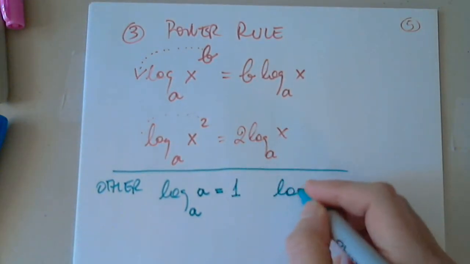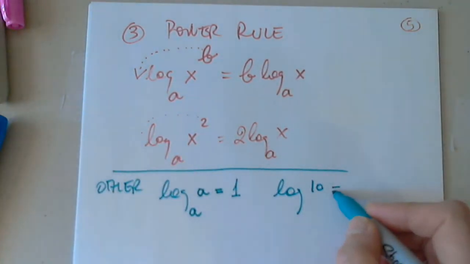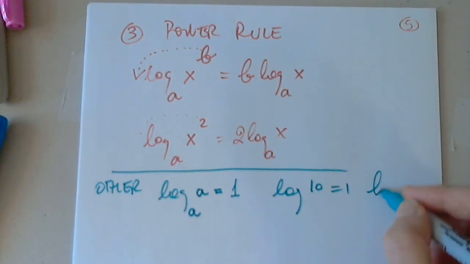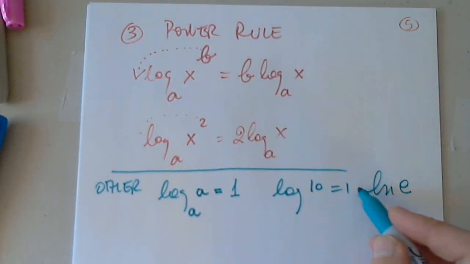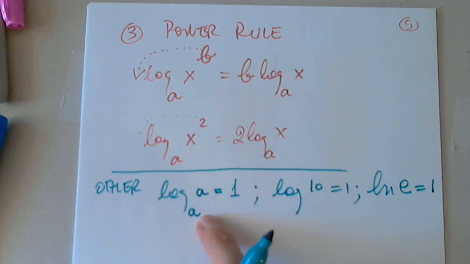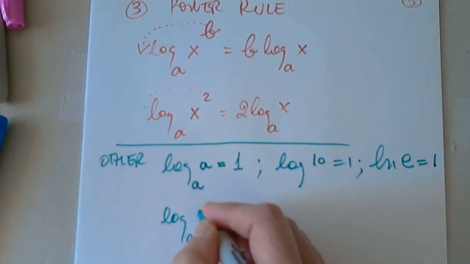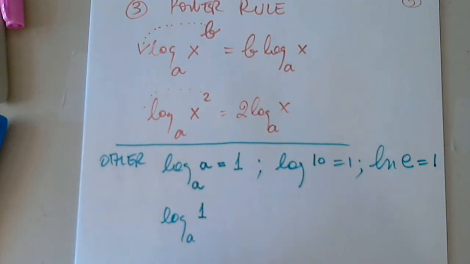The same thing, log of 10. 10 raised to which power is 10? Obviously, it's 1. The same natural log of e. The base is e. e to which power is e? 1. So these two are examples of this. Another example will be log base a of 1. I don't know what that is. I'm asking myself, a raised to which power is 1? Well, it must be 0.